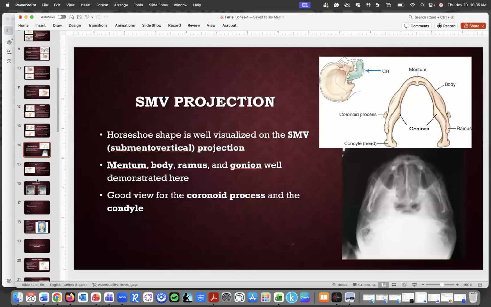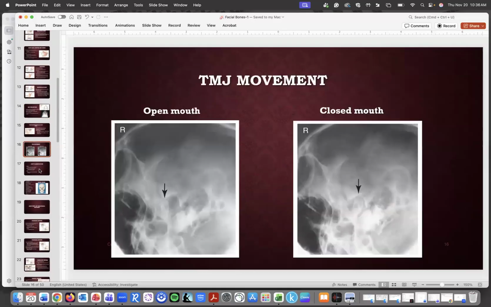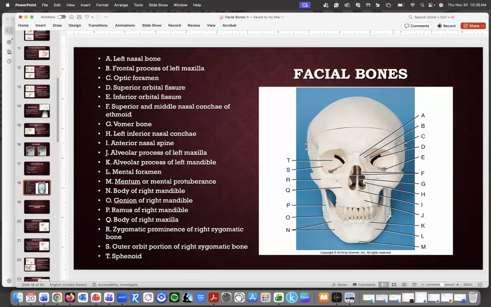All right. Let me go through here. There's that TMJ movement, so you can see the condyle is out of the fossa here, and right here in a closed mouth view, it's back inside the fossa. All right, this is good practice if you want to take a look at that. If I just pulled one out right off the bat, F, for example, we know those are the superior and middle nasal concha.